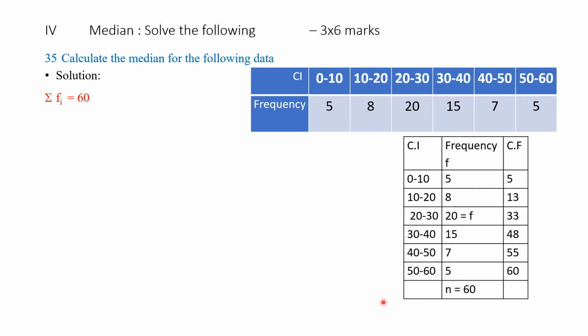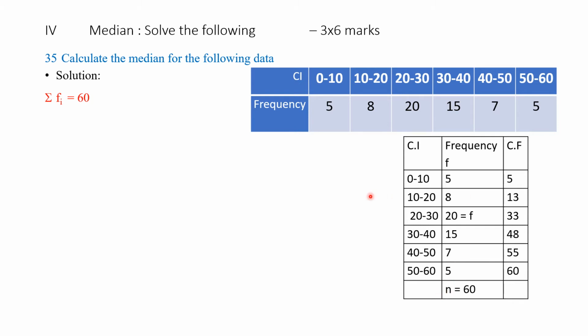Now we have to find the highest frequency. Therefore we will add these values, that becomes n equal to 60, that is 5 plus 8 is 13, plus 20 is 33, then plus 15 is 48, plus 7 is 55, plus 5 is 60.